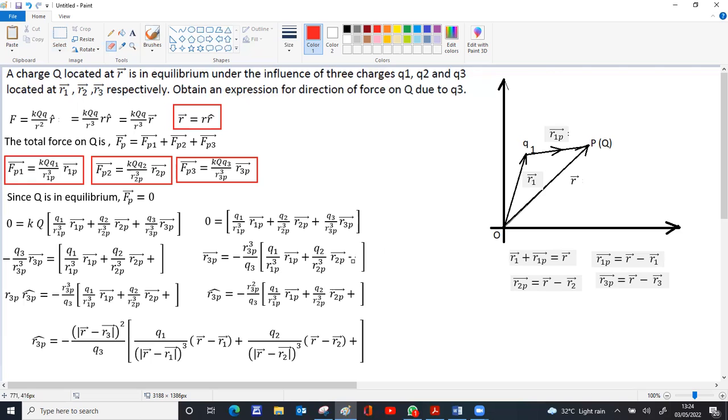It's an extra plus here. We want to see the location of Q2 and Q3. Q2 may be here. Q3 can be here.